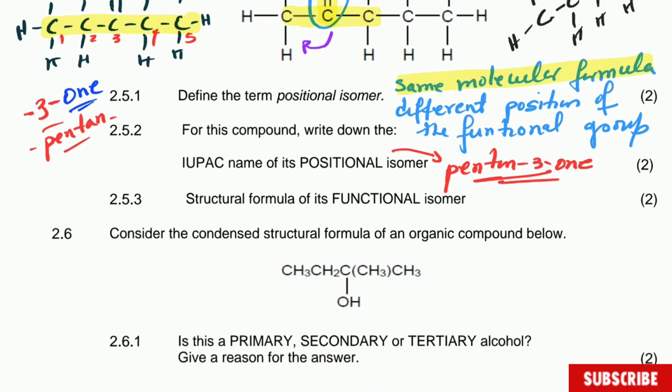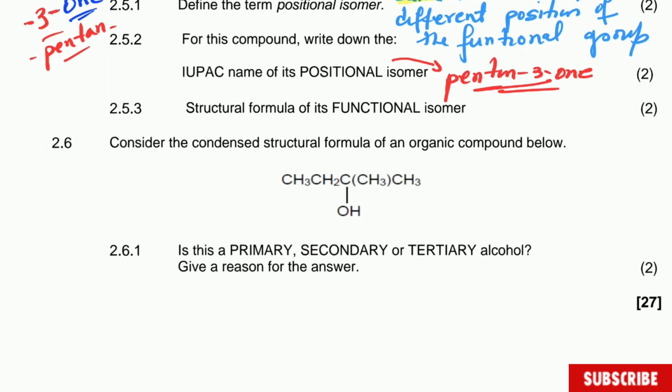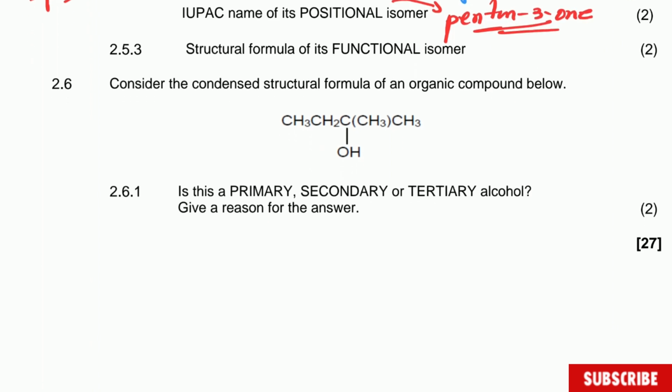Now we're going to the final part of this long question. Consider the condensed structural formula of an organic compound below. And then you have the structural formula. Is it a primary, secondary, or tertiary alcohol? Now be careful with this one. So the first thing we're going to do once more is to convert this one into structural formula. So we have a carbon with 3 hydrogens.